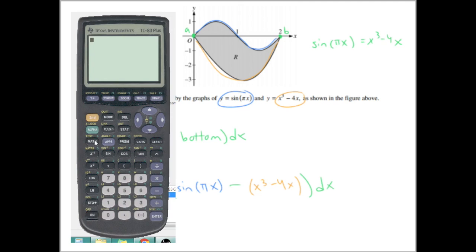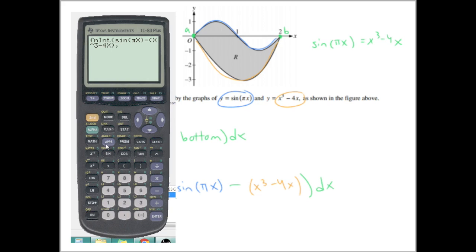To do integrals on the calculator, you go to math, you scroll down until you find fnInt for integral, and the first thing you put in is the inside argument: sine pi x minus (x cubed minus 4x).